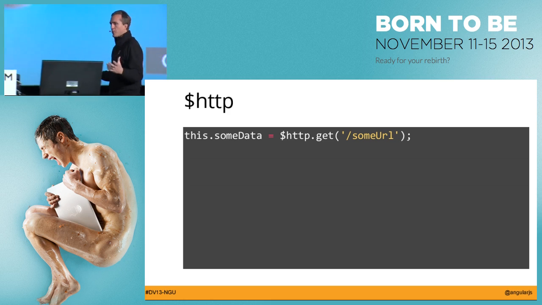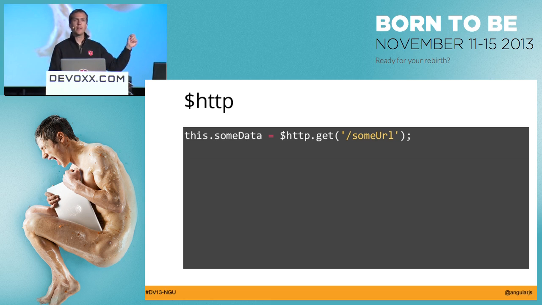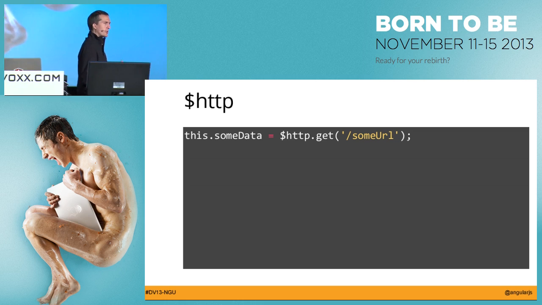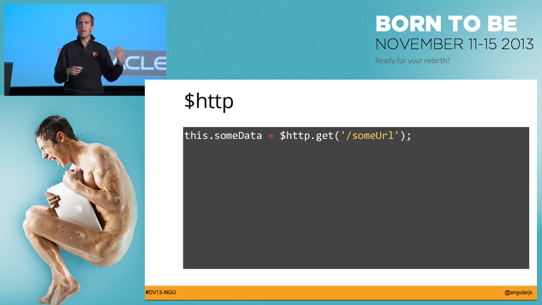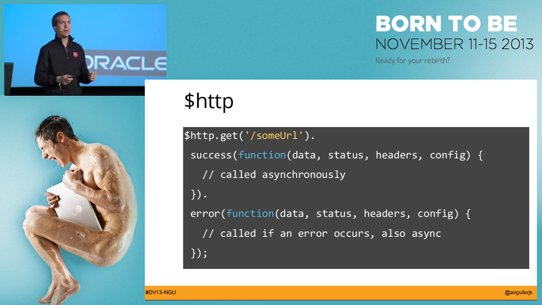You can use your code like this. I can then data bind to some data in the UI, and the way this works is when the data finally comes back from the server, Angular notices, and we will update the UI and put it in. So you can go ahead and bind to things that don't exist yet, and when they come back from the server, we just populate the UI.